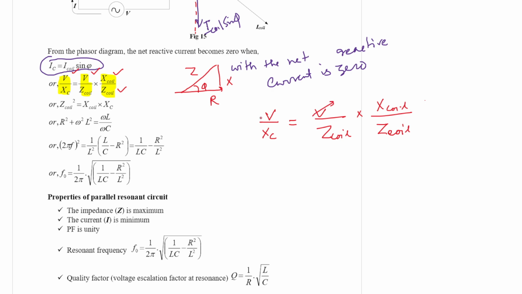So V gets cancelled, and Z coil square is equal to X coil into XC. That is written here.